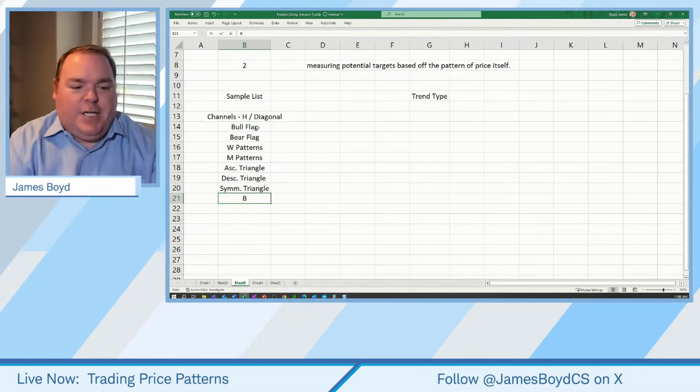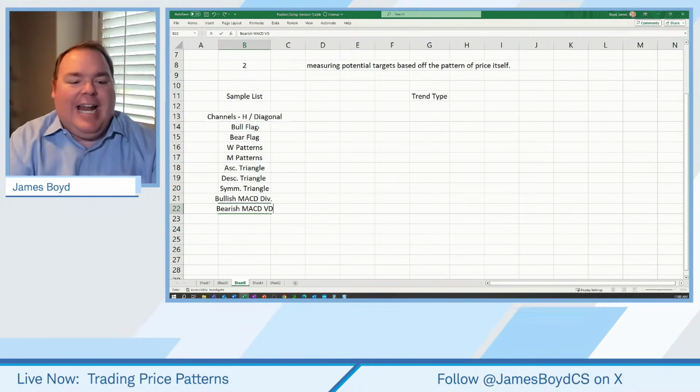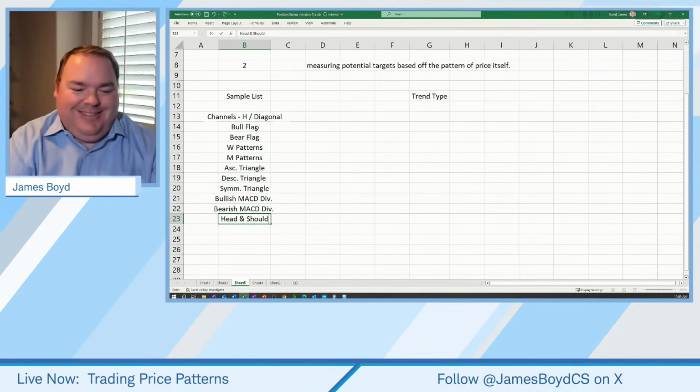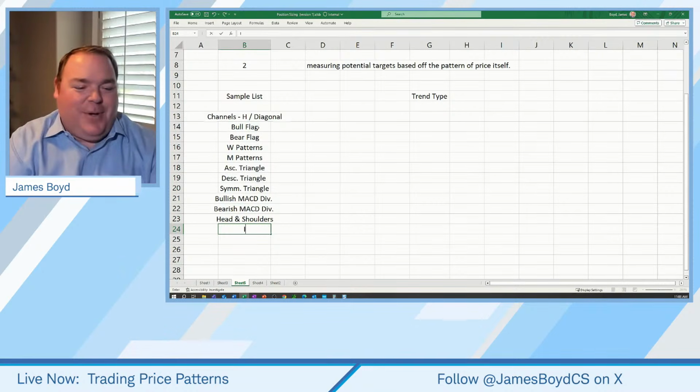Now, there's going to be a reason why we're writing these out. So this is not just a typing class. Bullish MACD divergence, bearish MACD divergence. Head and shoulders. Anybody write that down? I'm going to put head, and we're not talking about the shampoo. I thought it was a joke the first time I heard it.